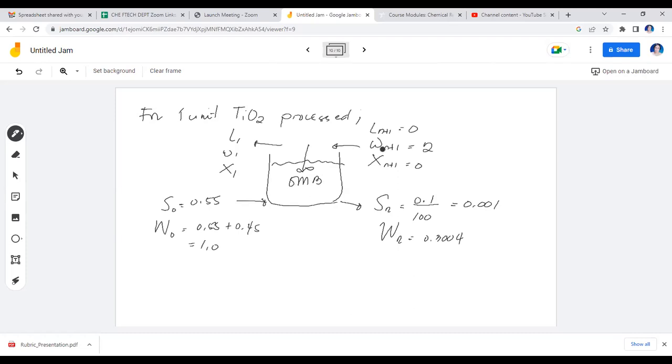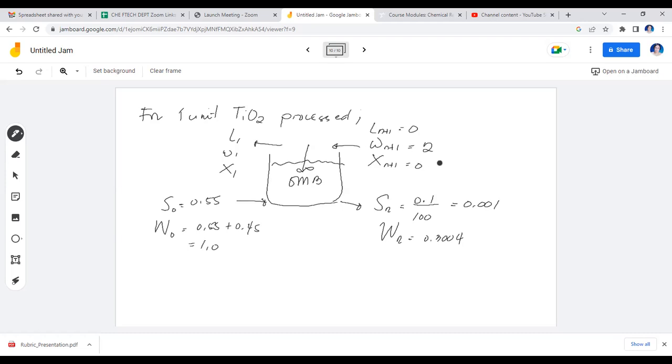You have this as your wash solvent, your wash water. If you notice, originally, this is 200 kilograms per second. Now, I only wrote here 2 because I am considering here a unit of titanium oxide process only. And remember, the original amount of titanium dioxide present is 100 kilograms per second.